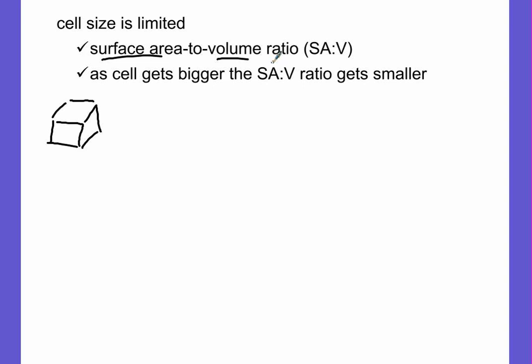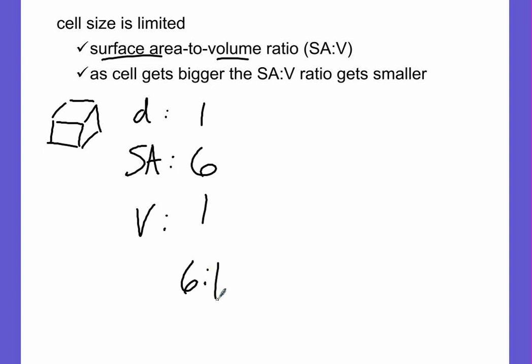So if I assume the diameter of the cell is 1, with generic units, I don't need to know what the units are, the surface area would be 1 times 1, which is 1, times 6 for the 6 faces. So surface area would be 6, whereas the volume, 1 times 1 times 1, is just 1. So the ratio of surface area to volume is 6 to 1.